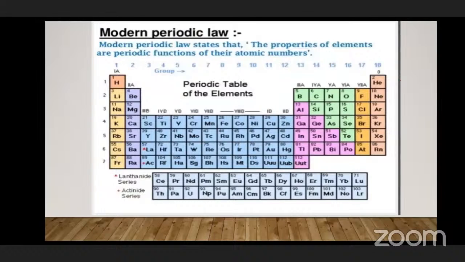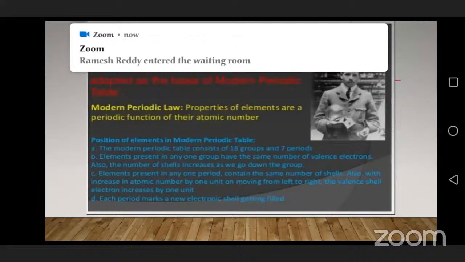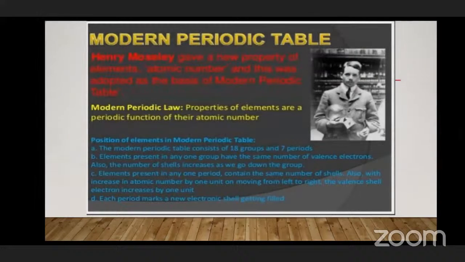Sodium is 3s1, then 4s1. It means that as we go down the group, the number of shells increases.